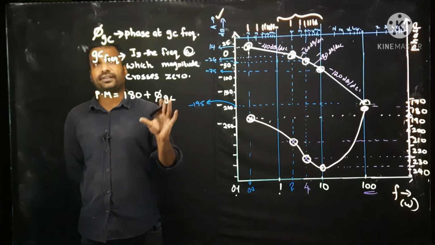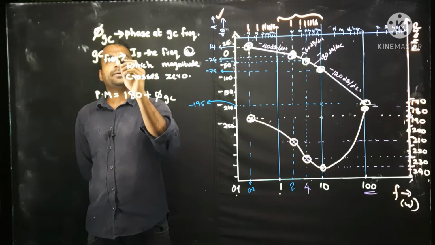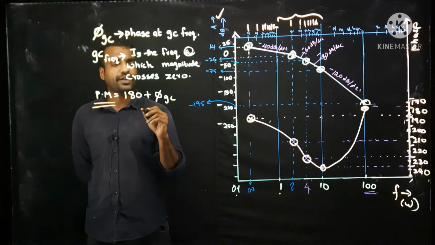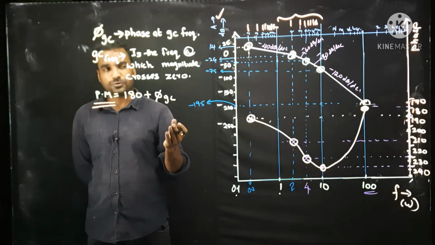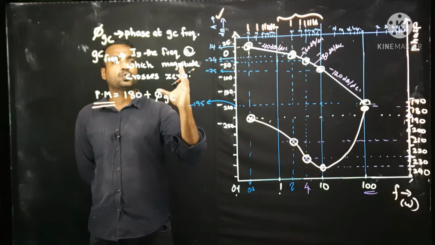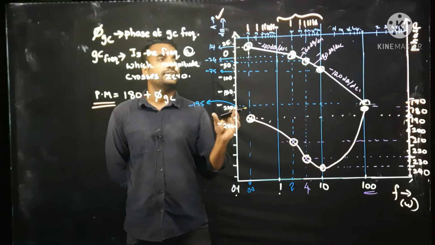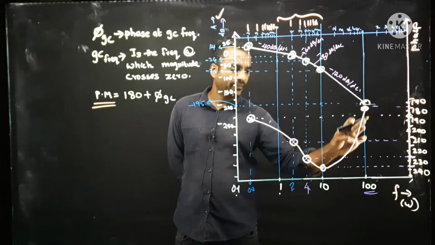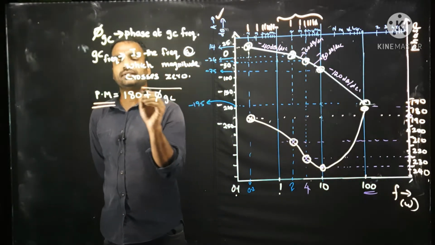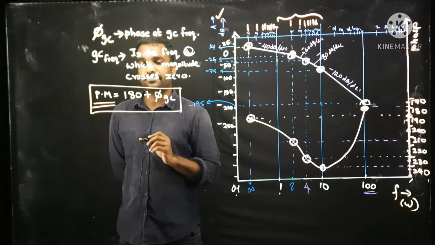Now we are going to find the phase margin from these drawings. In order to find phase margin, there is another method also, but from the Bode plot we have a good and easy method. In the Bode plot, this is the magnitude plot and this is the phase plot. Phase margin, we already know, is defined as 180 plus phi GC.